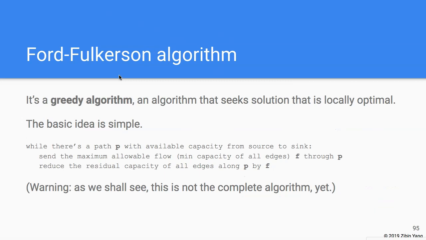So with that, we can take a first pass at the Ford-Fulkerson algorithm. It is one of what's called a greedy algorithm. And a greedy algorithm seeks a solution that is only locally optimal. So what locally optimal means is that, for example, most corporations nowadays are focused on maximizing the quarterly profit, right?